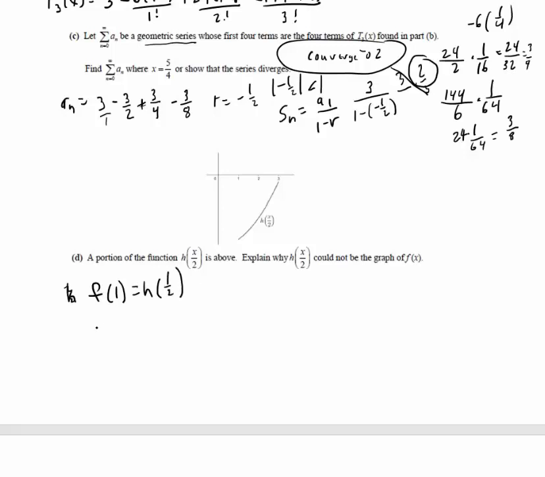And then if I plug in 4 for x, I get f of 4 is equal to h at 2. Okay. Well, for h at a half, I don't know anything about h at a half because there's no value here. But f of 4 is equal to h at 2, so h at 2 is shown on the graph here.